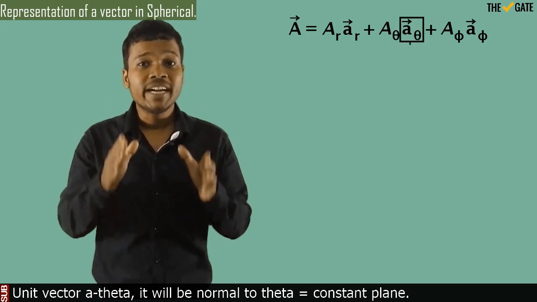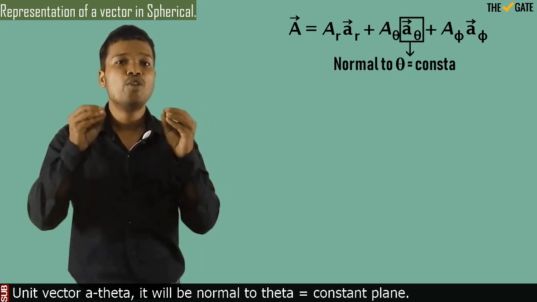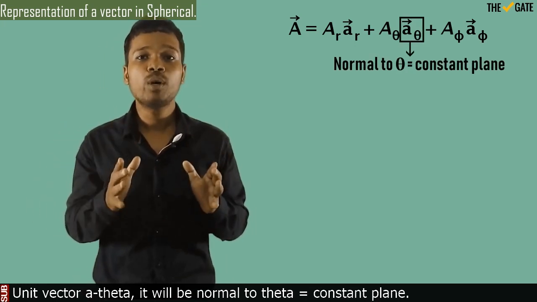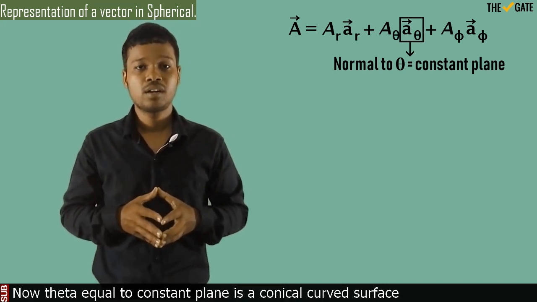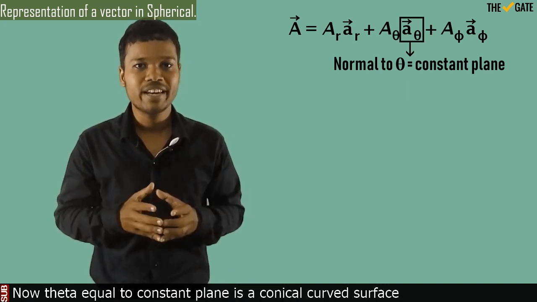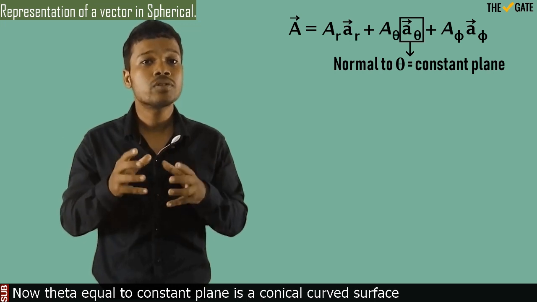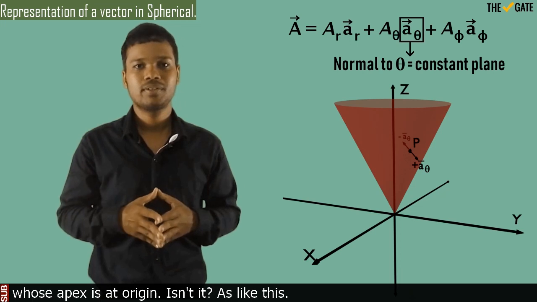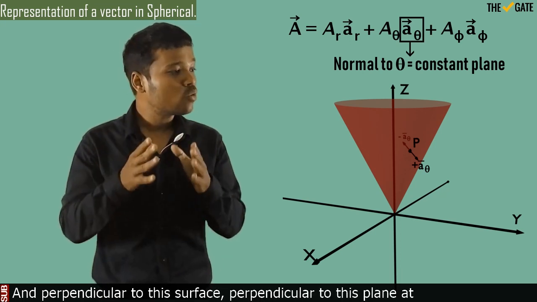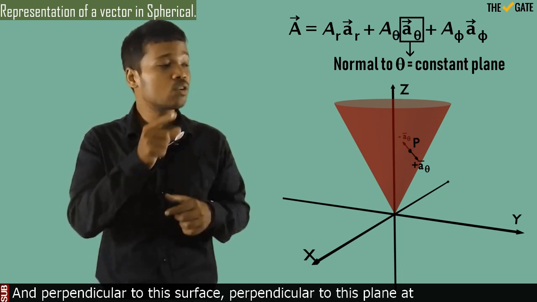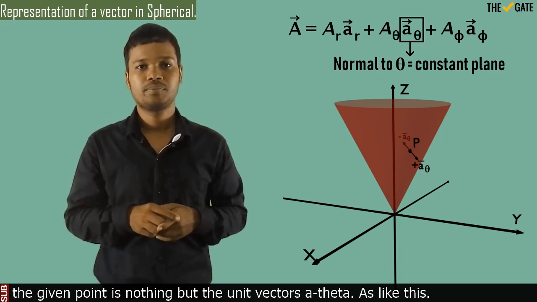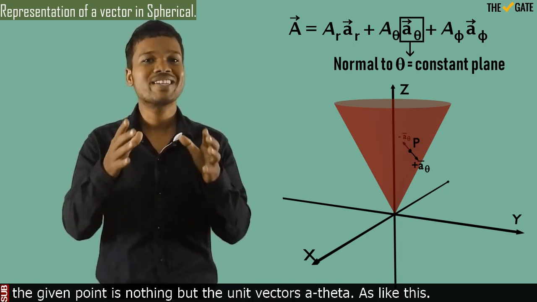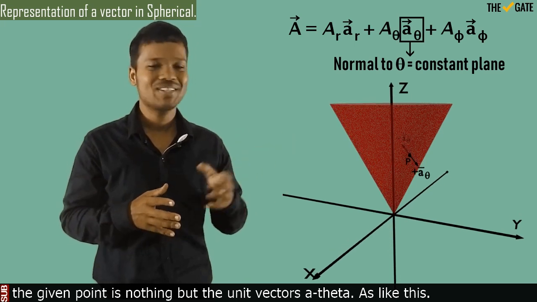Unit vector a theta, it will be the normal to theta equal to constant plane. Now theta equal to constant plane is a conical curved surface whose apex is at origin, isn't it? As like this. And perpendicular to this surface, perpendicular to this plane at the given point is nothing but the unit vectors a theta, as like this.